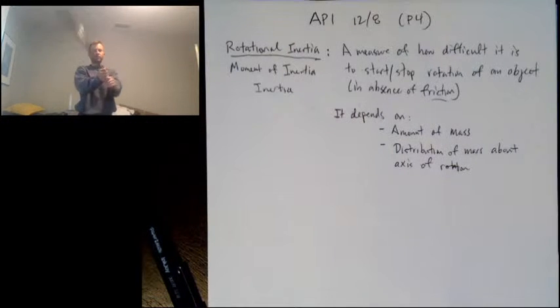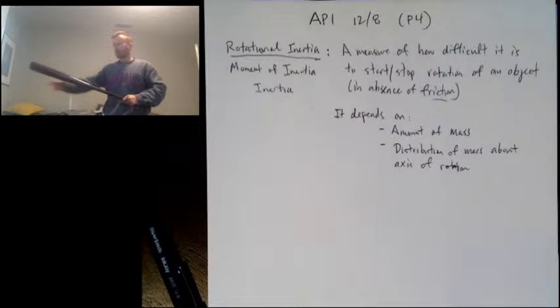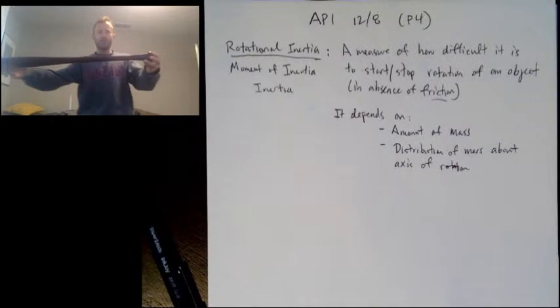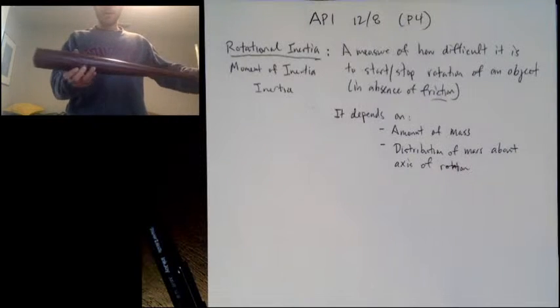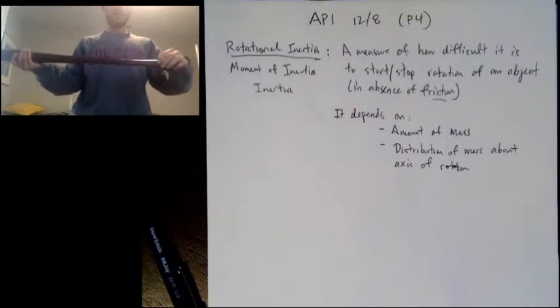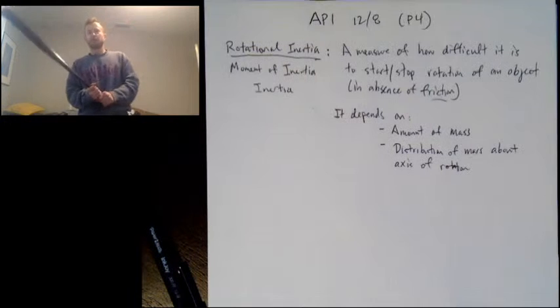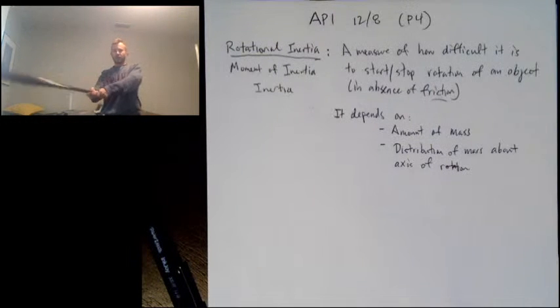So this is actually a really difficult way to rotate the baseball bat, okay? Why is that? Because the baseball bat is not a uniform thickness. It's thicker at the end than it is at the part you hold on to. So if I'm holding the baseball bat like this, most of the mass is far away from my hands. It's far away from the axis of rotation.